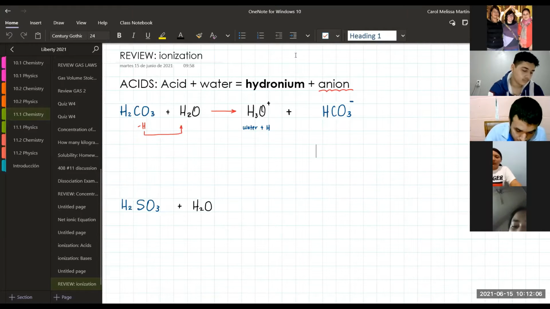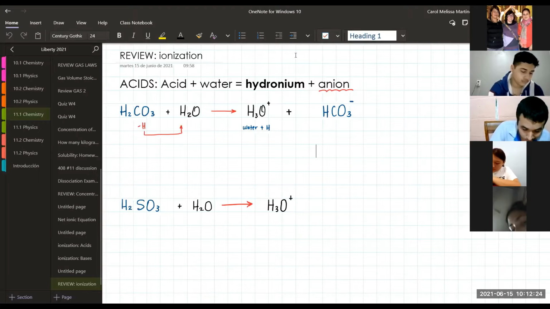Now, this mixture is going to produce always hydronium ion, okay? And hydronium ion has a charge plus. Now, what is the other product that I could get?